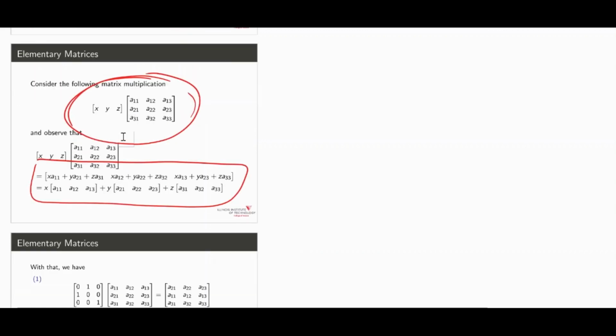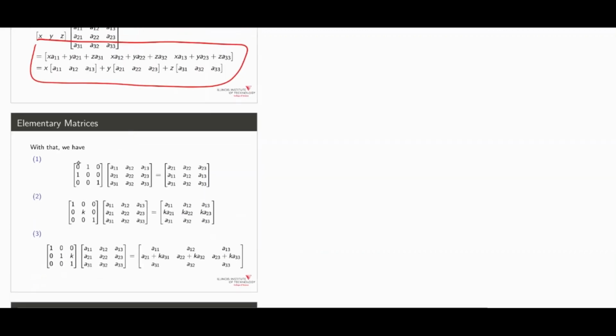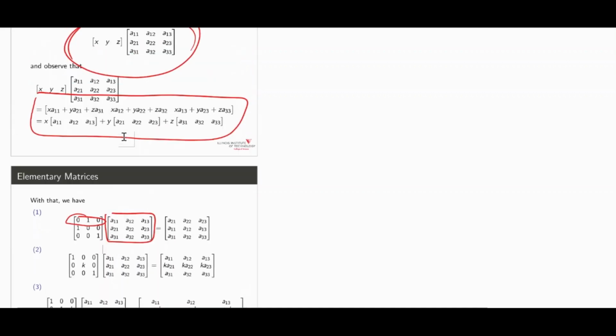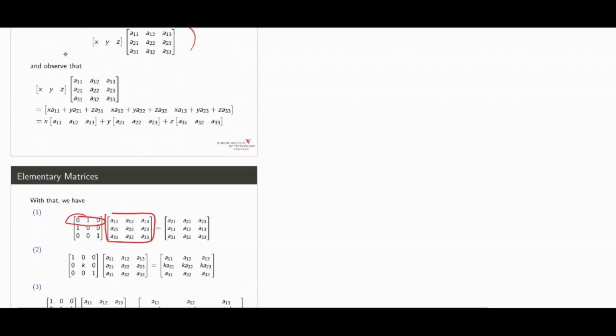Okay, so let's look at what happens when you take this matrix and multiply it. We take this row and multiply it by the matrix according to what we have learned before. You take 0 of this row plus 1 of this row plus 0 of this row and place it right here.